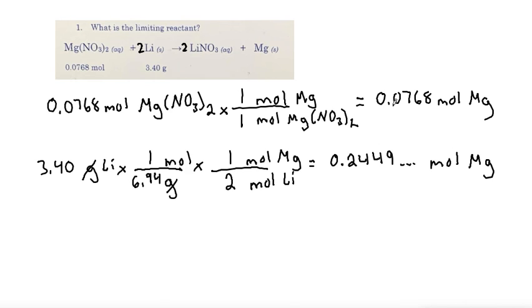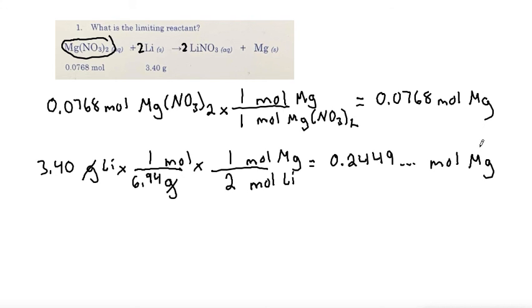So again, the rule is that the reactant that produces less product is the limiting reactant. So since 0.0768 is smaller than 0.2449, that means that the magnesium nitrate, the MgNO3 2, is the reactant that produced less product, so that is the limiting reactant.